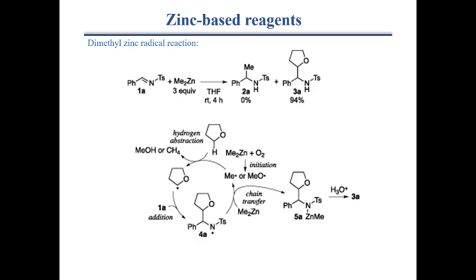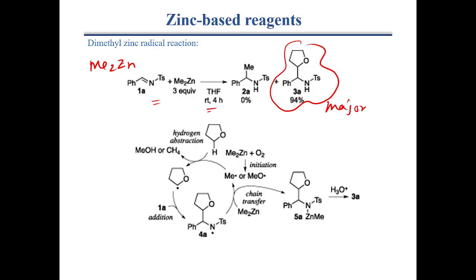This is another kind of behavior of dimethyl zinc. If we treat dimethyl zinc in THF solvent with any kind of imine, it will give this product. This is the major product.